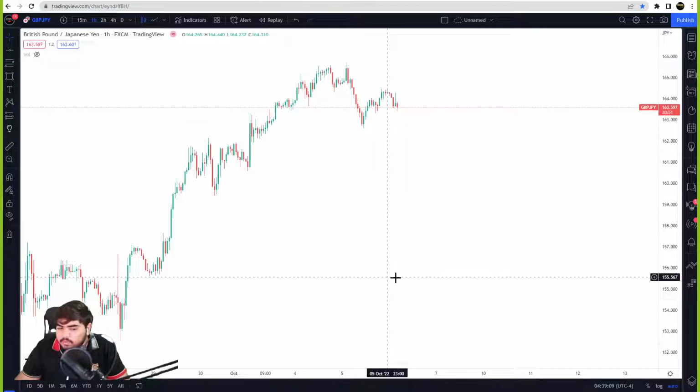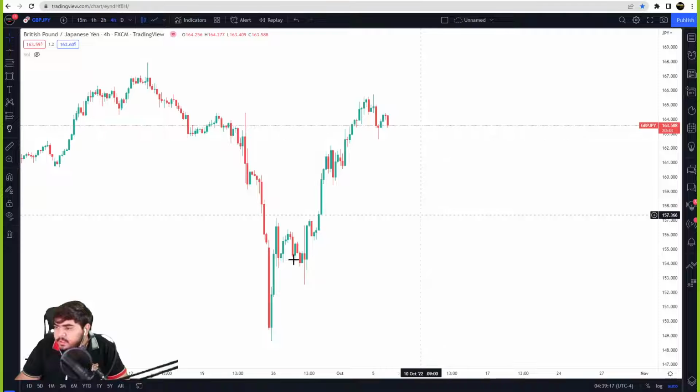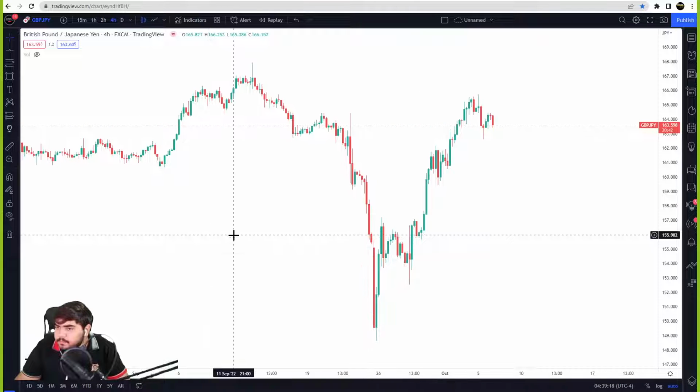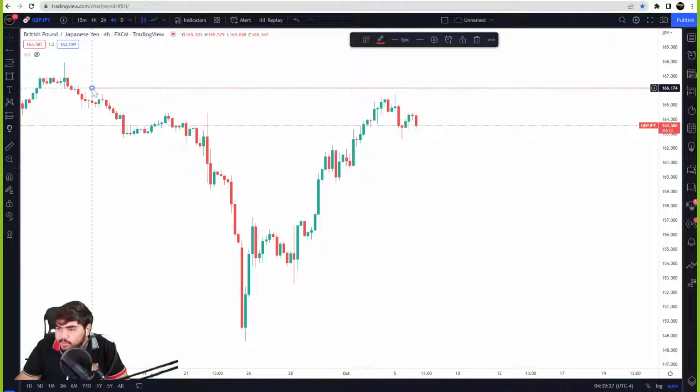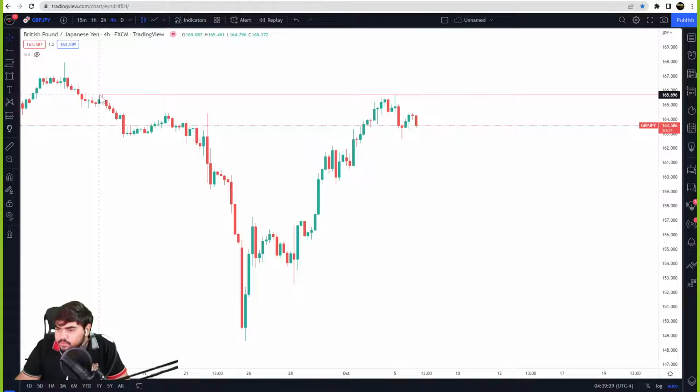GBP JPY. Let's quickly have a look at GBP JPY. What's going on with this right now? So on the 4 hour time frame, first of all, we can see it has reacted to this area of resistance, some sort of supply zone here. This was a level of resistance, and now this is a key level of support for me.